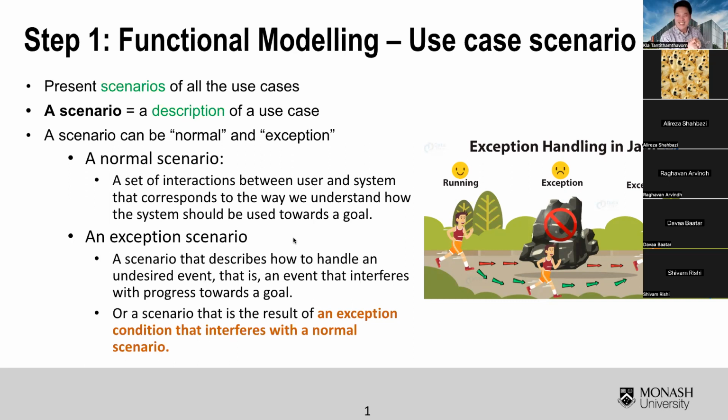That's right. So let's say we do some exercise in the Royal Botanical Garden. That's a normal scenario, right? But sometimes there may be rocks, or large trees that we need to avoid, like don't hit them.